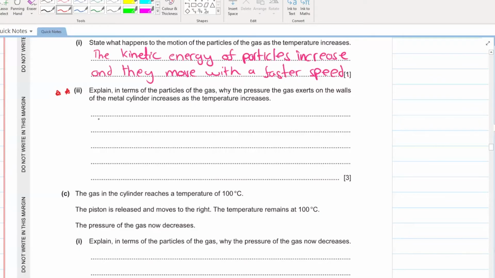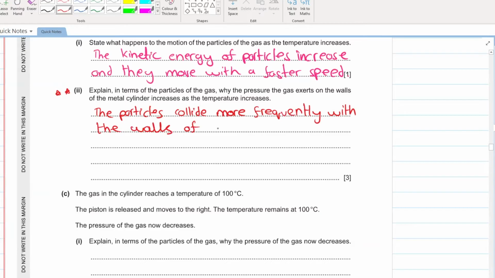You will say the particles collide more frequently with the walls of the container.